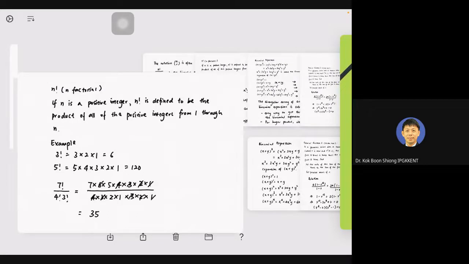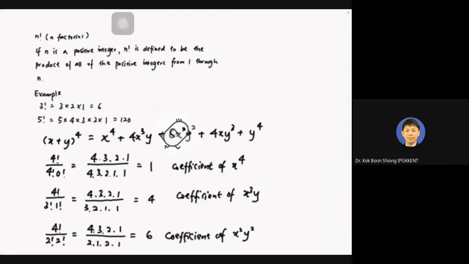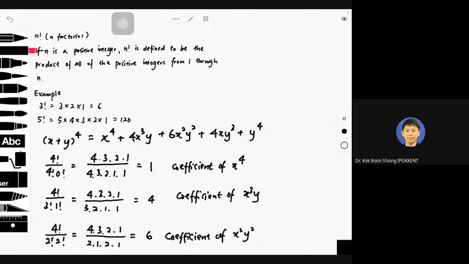So how do we apply the factorial to binomial expansion? As you can see from here, the coefficient for x to the power of 4 is 4 factorial divided by 4 factorial times 0 factorial.